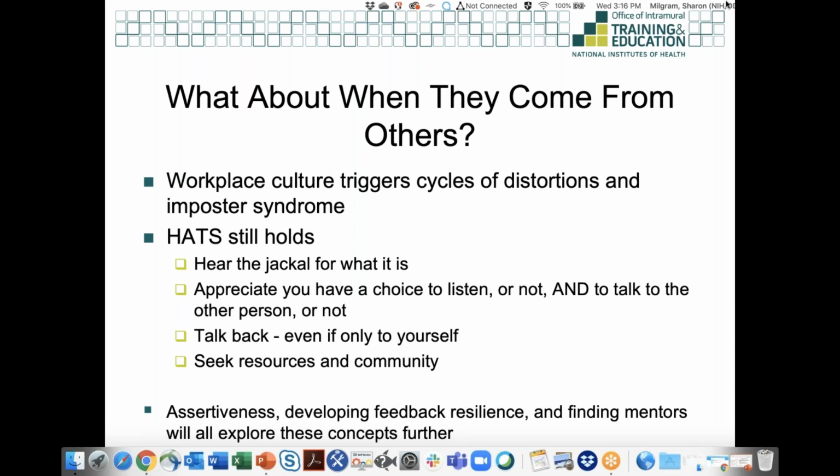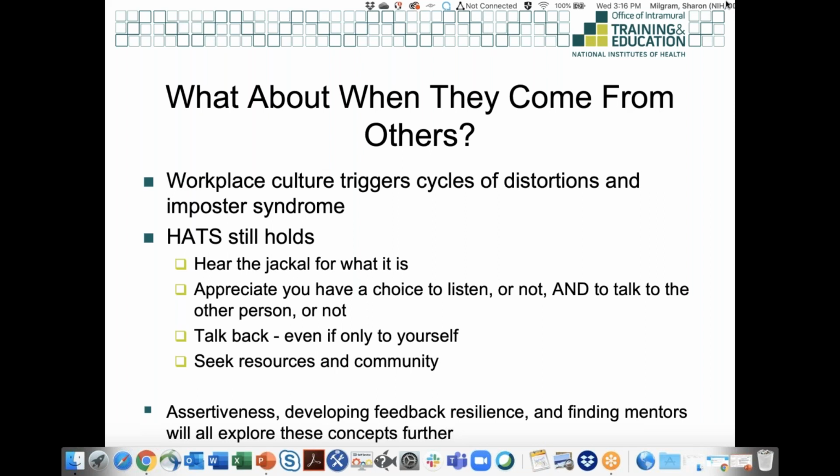People can tell us that we're not going to get into the program we applied to. So people can bring cognitive distortions to the table for us. Generally, I think that workplace culture often triggers cycles of distortions and imposter syndrome. So it didn't start internal, it started external, but that triggers a cycle for us.